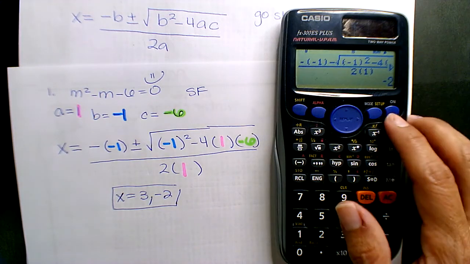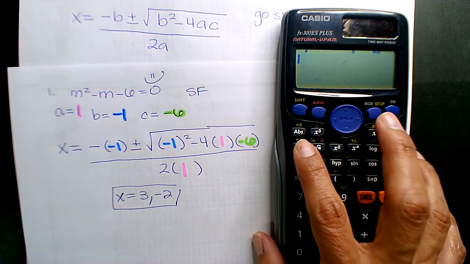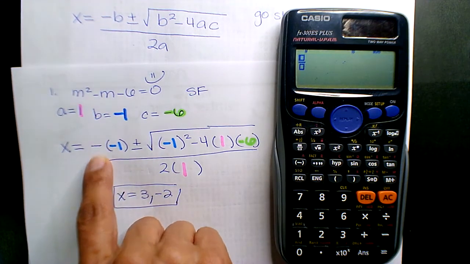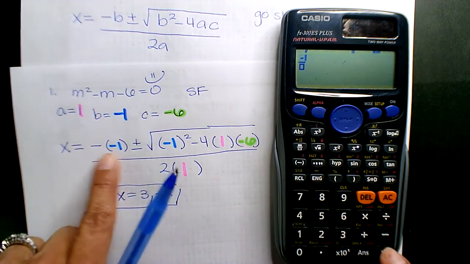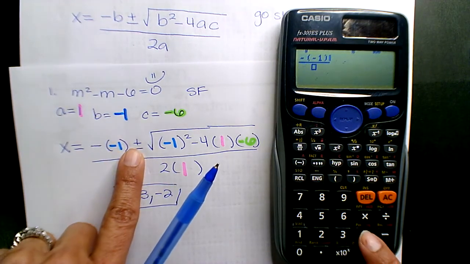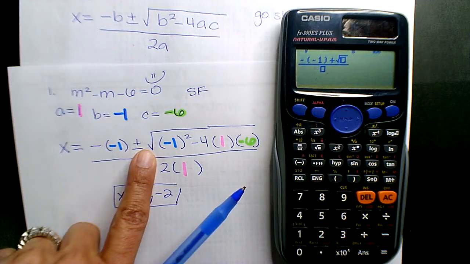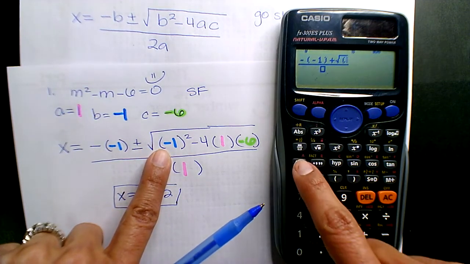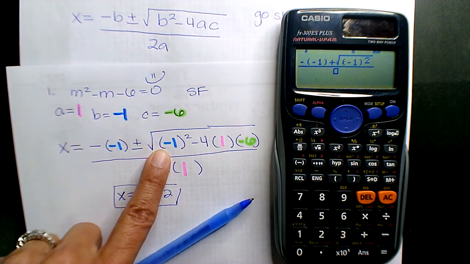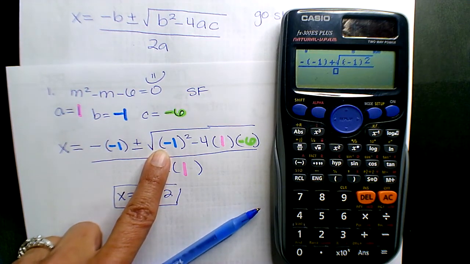Let me retype it again. Here we go. Fraction. This is a negative, parenthesis, -1, plus, root, parenthesis. When you're comfortable taking shortcuts, you're good.